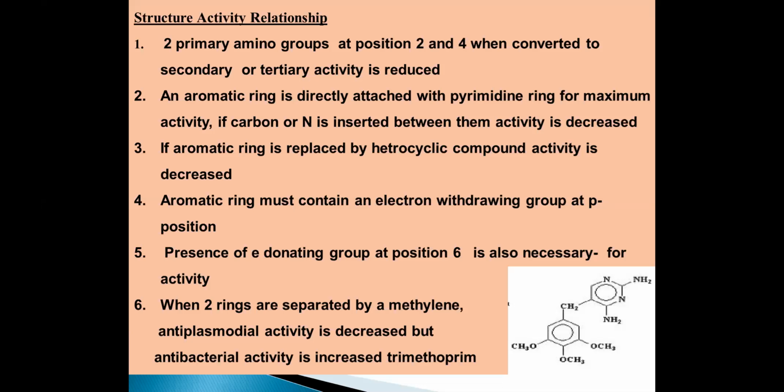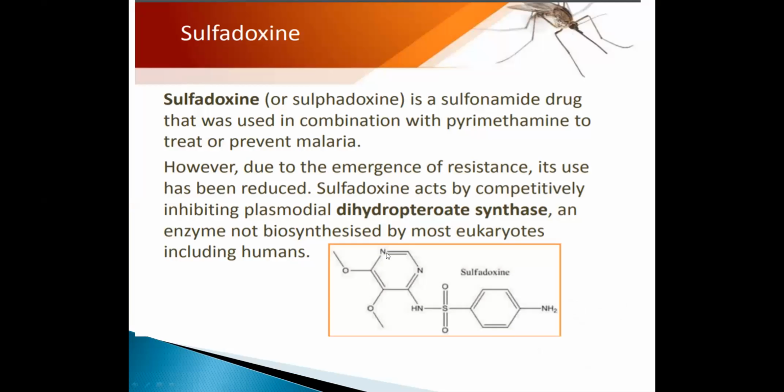So when the direct phenyl group at the 5th position is replaced by a methylene substituted group, and there is a trimethoxy group at 3, 4, 5 position, you get trimethoprim, which has more antibacterial activity as compared to its anti-malarial activity. So this is the SAR of diaminopyrimidine derivatives.